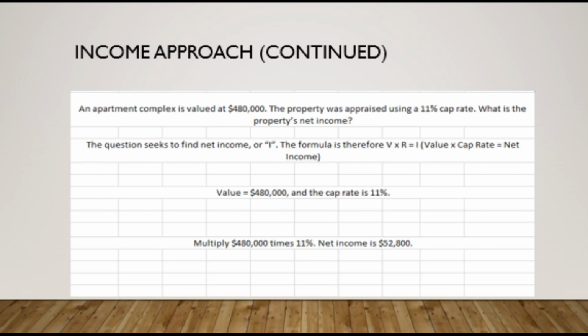This question seeks to find net income, or I. The formula is therefore V times R, which is value times the cap rate, which equals the net income. So the value is 480,000 and the cap rate is 11%. We'll multiply 480,000 times 11%, which gives us a net income of 52,800.